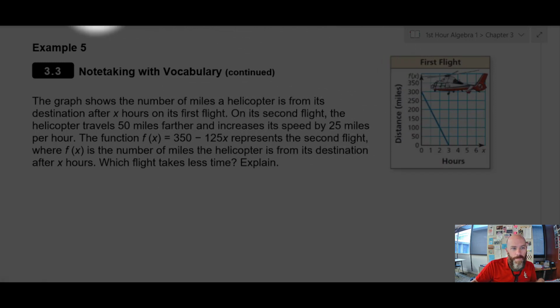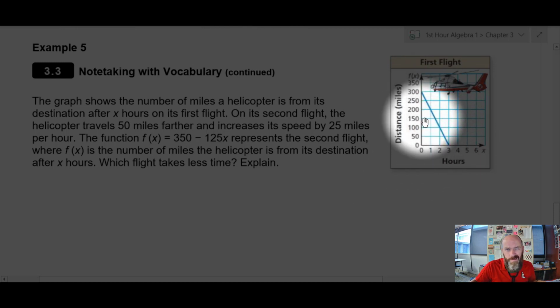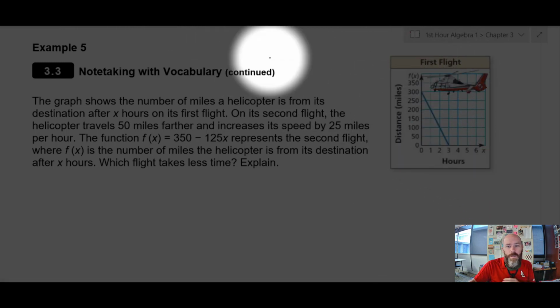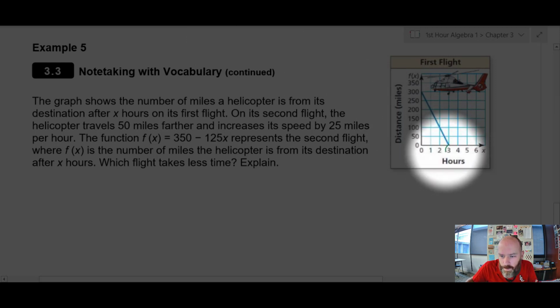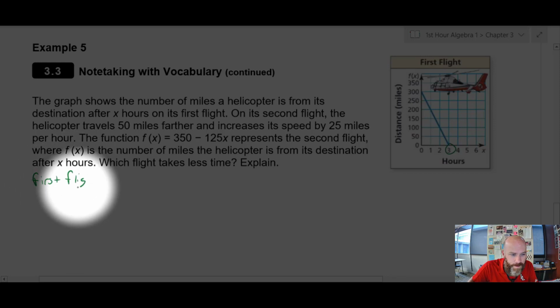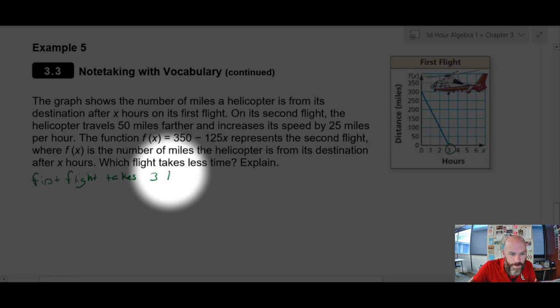So just before we do any real math equations, you'll notice the first flight takes 3 hours. So I might just write this. First flight takes 3 hours. And we get that from the graph, which is super easy to figure out.